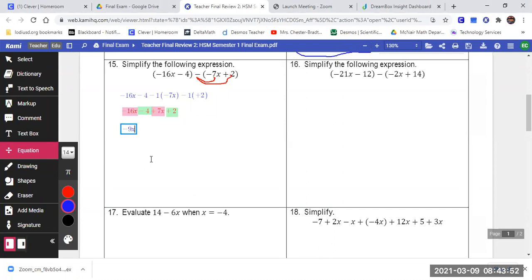Now we look at the numbers. We have a negative 4 with a positive 2. We're going to do the same thing. Subtract and keep the sign on the bigger one. So what sign are we going to be? We're looking at just the numbers now. Negative 4 with positive 2.